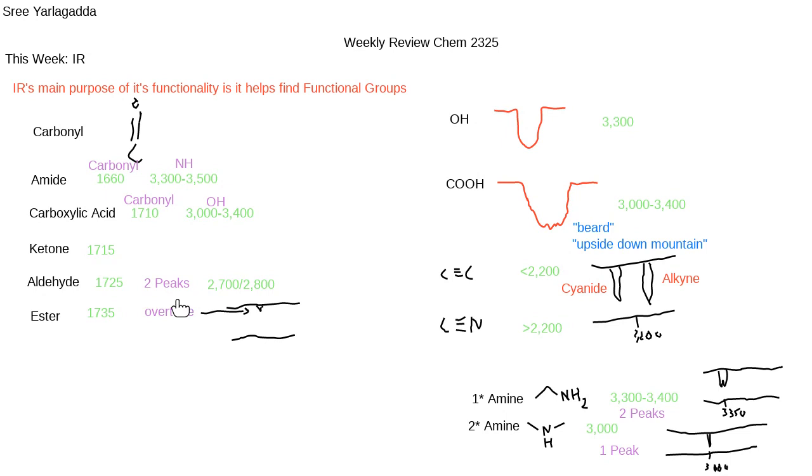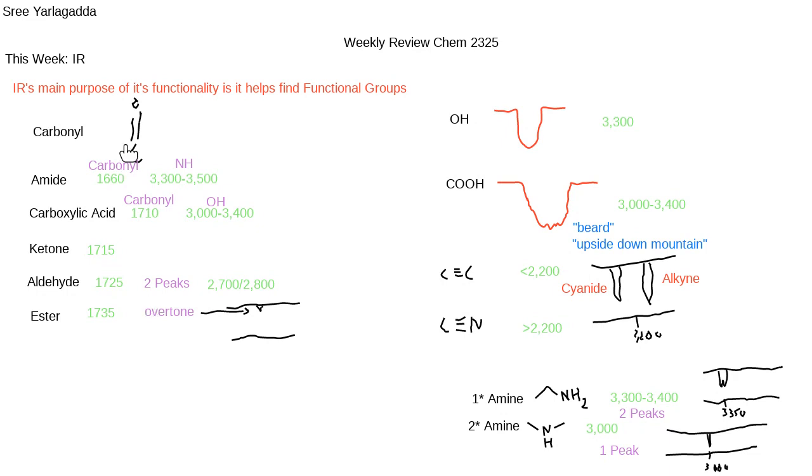Now, don't read too much into some of the graphs because they have random bumps, so that might confuse you guys. Ester is honestly pretty hard to tell because the overtone is sometimes confusing to tell whether it's an overtone or not. And you can distinguish between ester and ketone because ketone is much closer to 1700, whereas ester is much closer to 1750. Again, these are rough numbers. This could be higher or lower, depending on your resource as well as your problem.